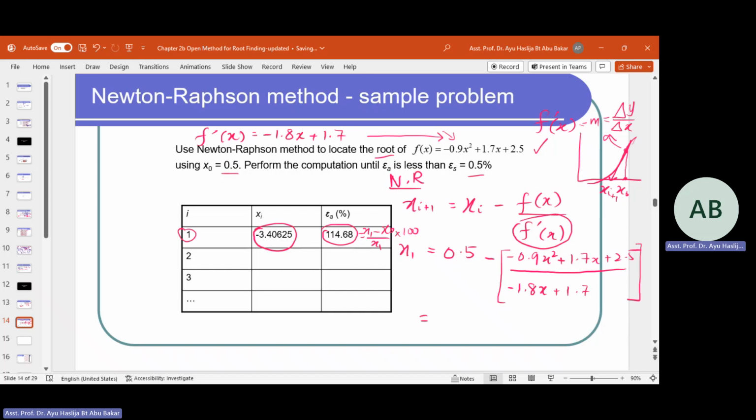So to find the differentiation over here, by using the function given, you differentiate it analytically. From here, differentiate, you will get this one. Okay, now substitute all the numbers, x of 0.5, into the equation.